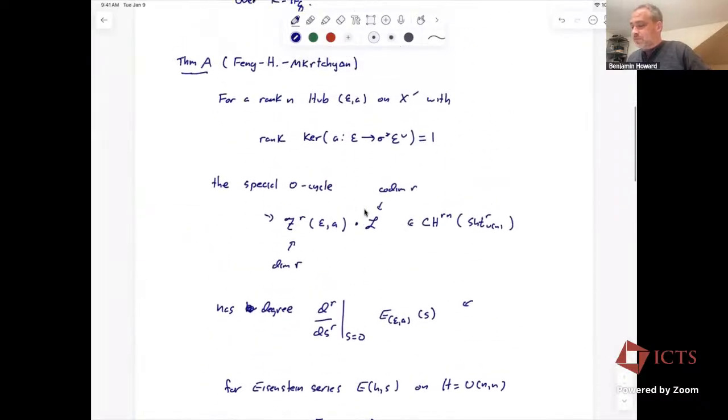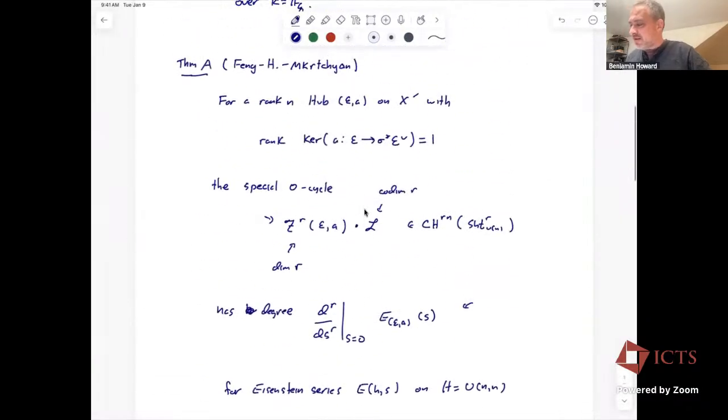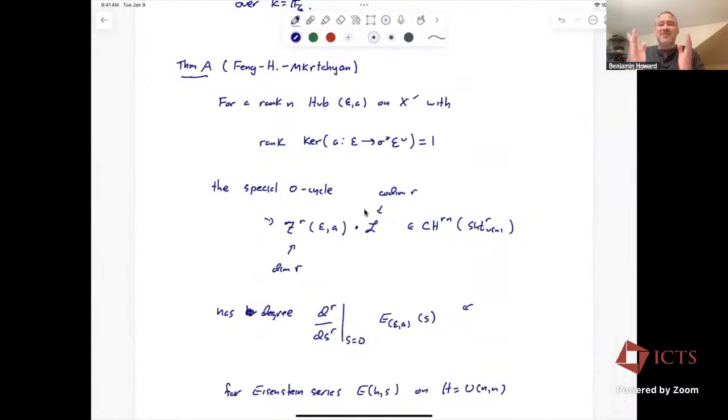And in the proof of this theorem, we don't prove it directly. We deduce it as a corollary of another theorem, which looks similar but different. So if you have just a Hermitian vector space, but your Hermitian form is degenerate, it has a radical, you can mod out by the radical, and then the quotient space will have a non-degenerate Hermitian form on it.